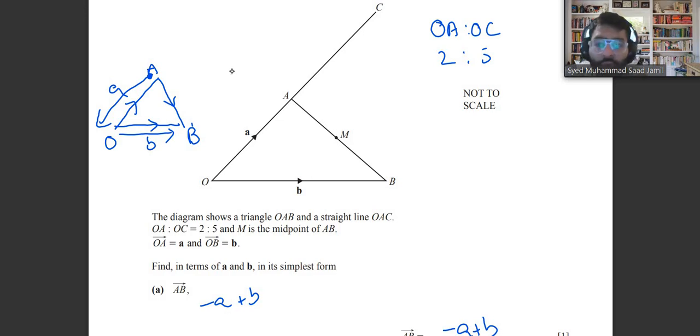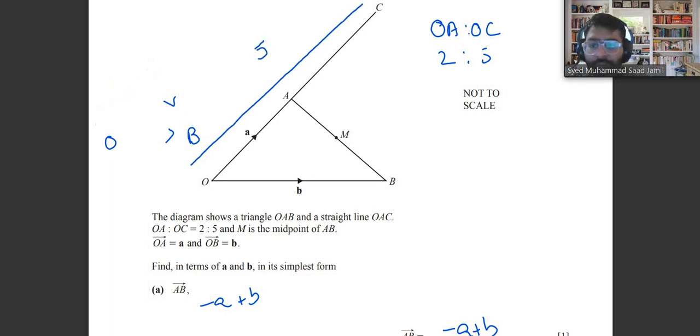So this means the whole line OC is 5. Let me erase this thing. Because from O to C it's 5 and OA is 2. So this means that AC is just going to be 3 because the whole line is 5 and OA is 2, then AC is going to be 3.